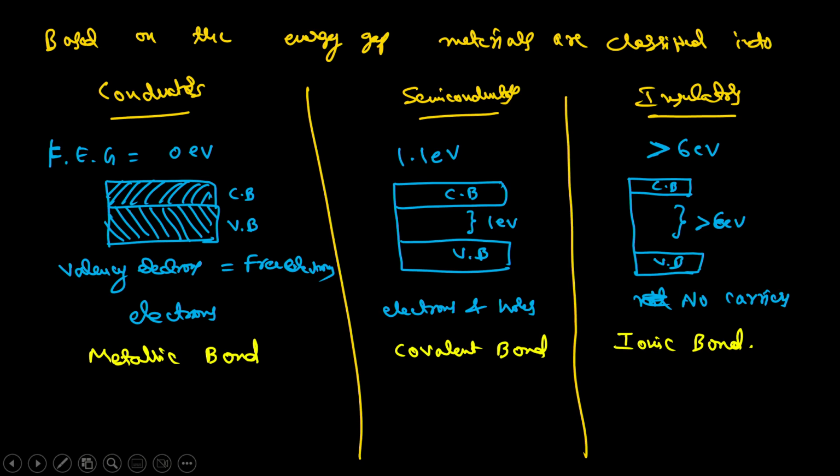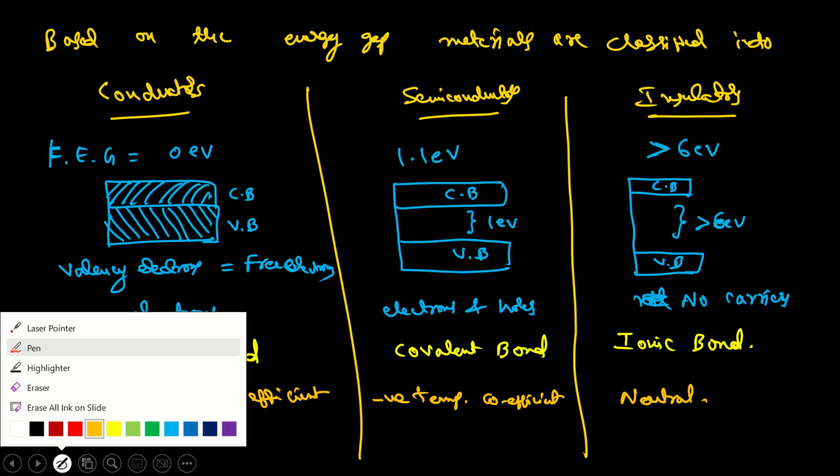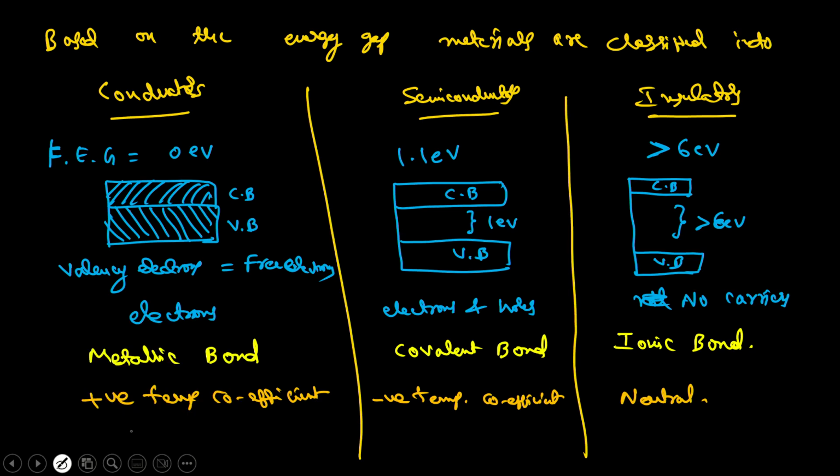Another important point is the temperature coefficient. Conductors follow the positive temperature coefficient, and insulators follow neutral. There is no temperature coefficient here. A positive temperature coefficient is nothing but temperature and resistance of the material are directly proportional.